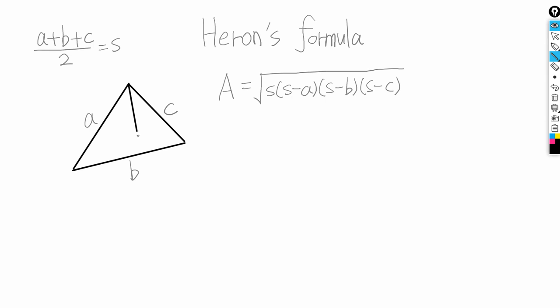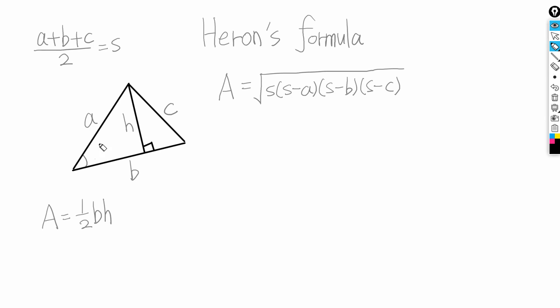So let's say the height of the triangle is h. In this case, the area of the triangle is half of base times height.